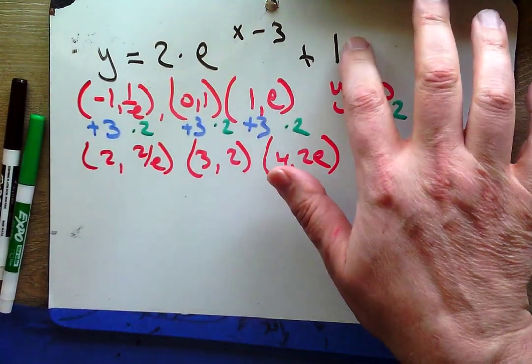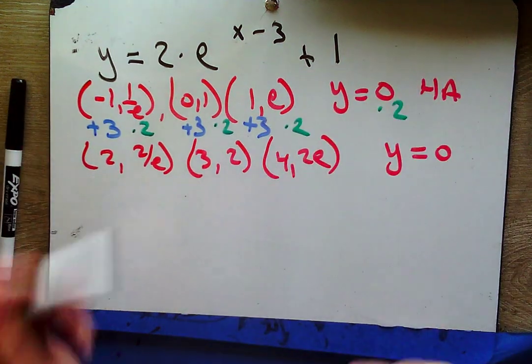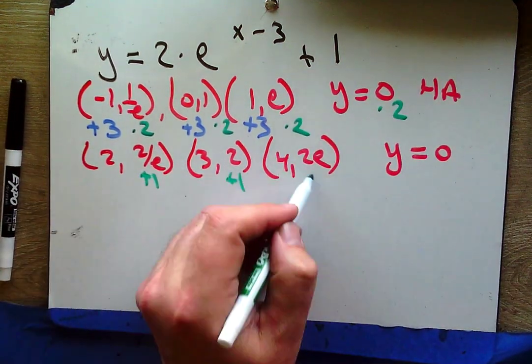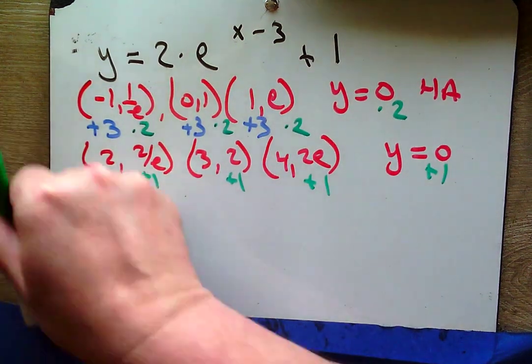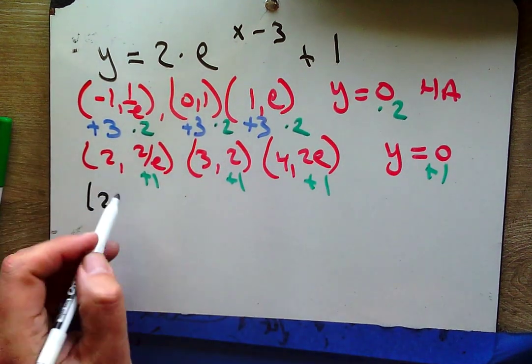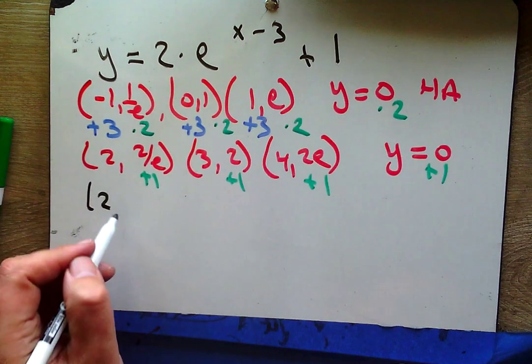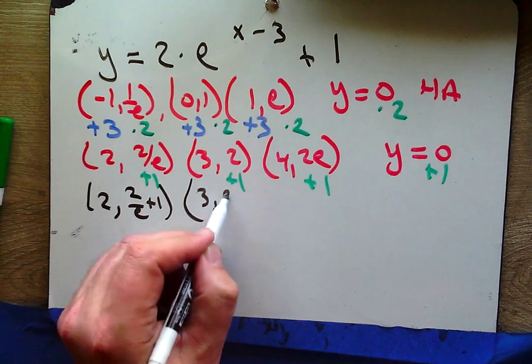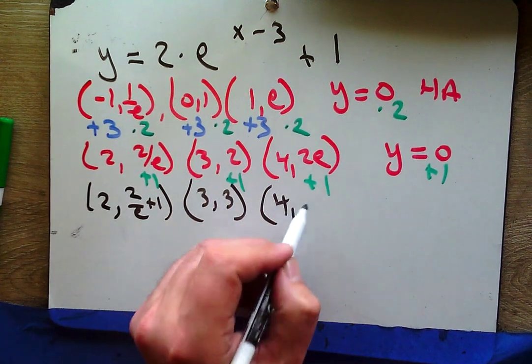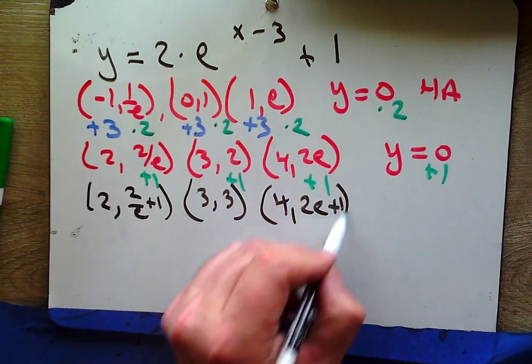I still have to come back one more time and add 1 to all the y's, including that one. So I end up with 2, 2 over e plus 1, 3, 3, 4, 2e plus 1.